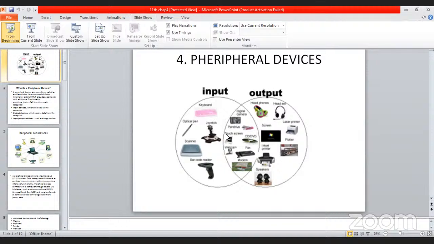So now first we can see the different types of input and output peripheral devices. Peripheral means what?